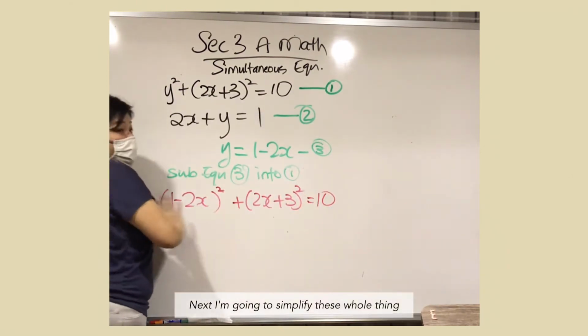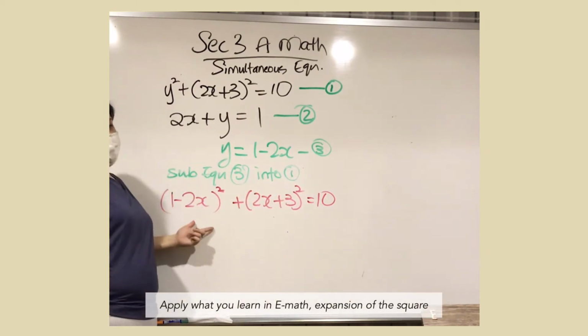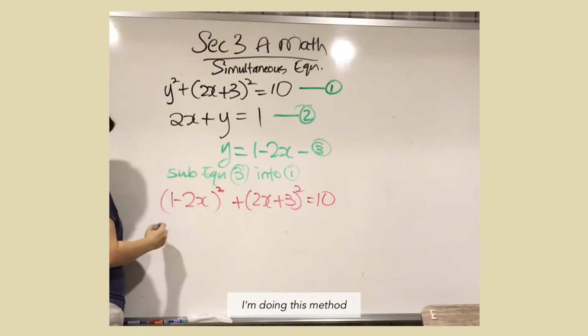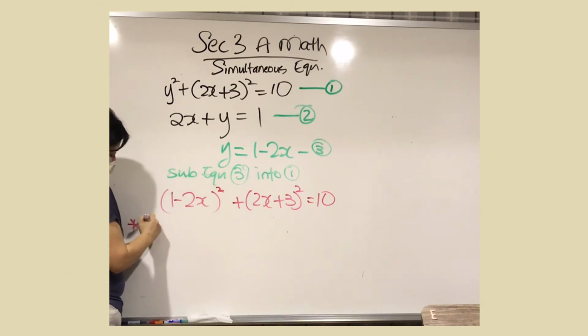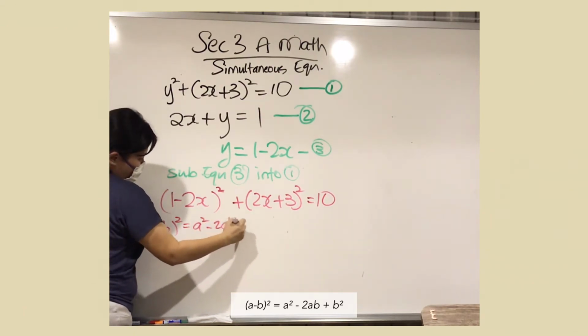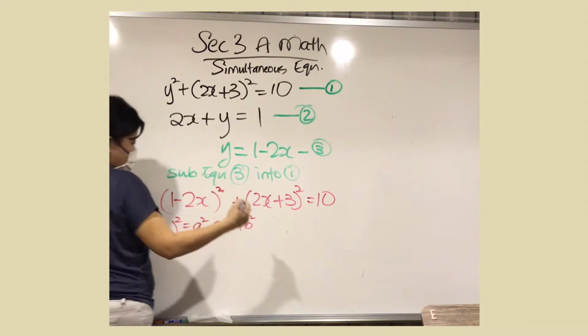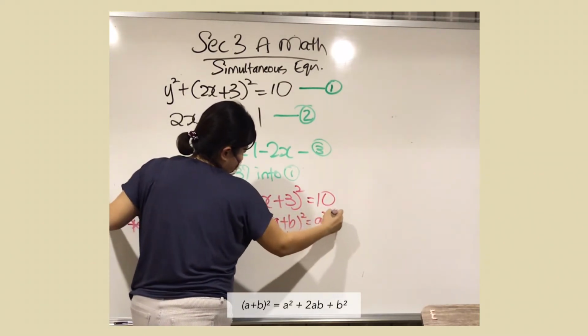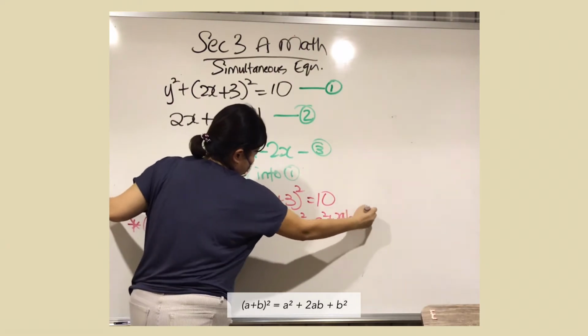Next, I'm going to simplify this whole thing. Apply what you learned in EMATH, expansion of this square. I'm doing this method. If you remember, (a minus b) squared equals a squared minus 2ab plus b squared, and (a plus b) squared equals a squared plus 2ab plus b squared.